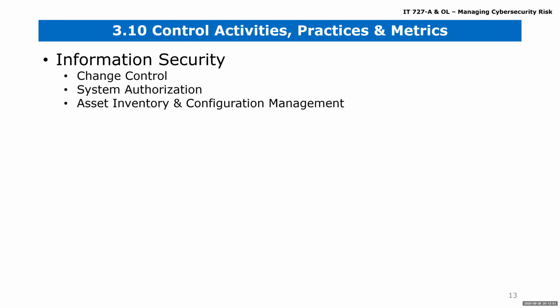System authorization, for those of us in the government space, we are familiar with the A&A, which used to be C&A, basically assessment and authorization, or if you're still on the old-fashioned diagram, we know it as certification and accreditation, right? But this is just making sure that a system goes through a certain check, validation, review, and approval before the system is allowed to replace or be a new system or change anything, right?